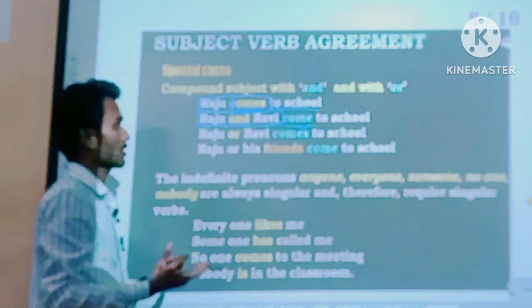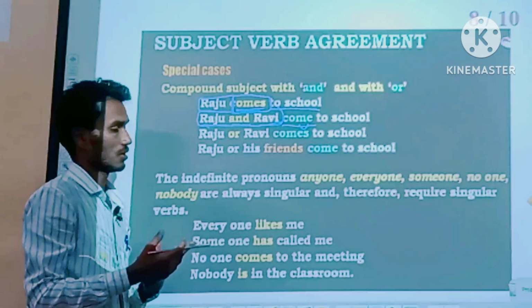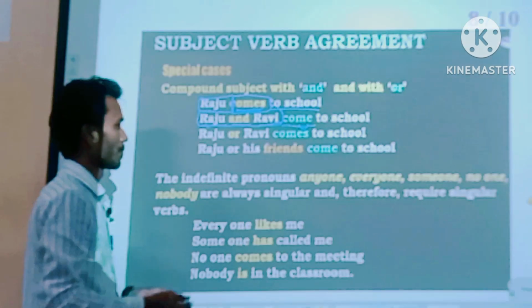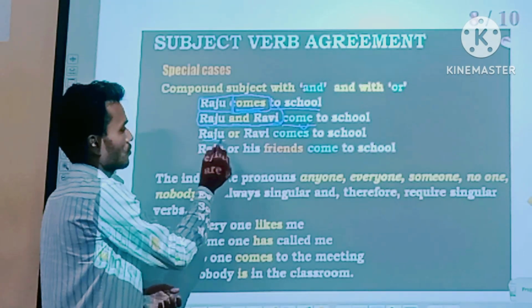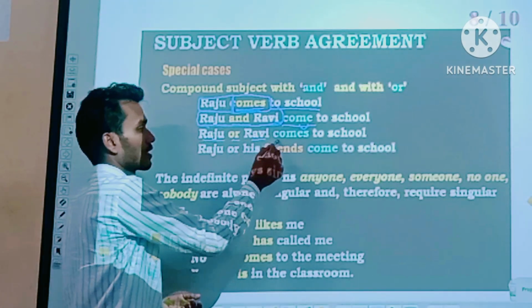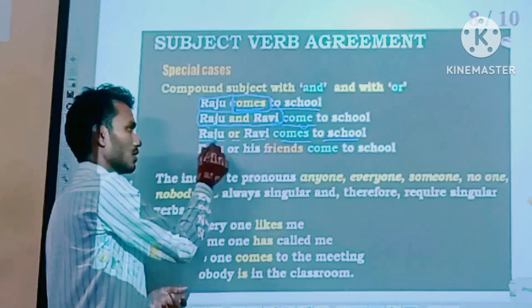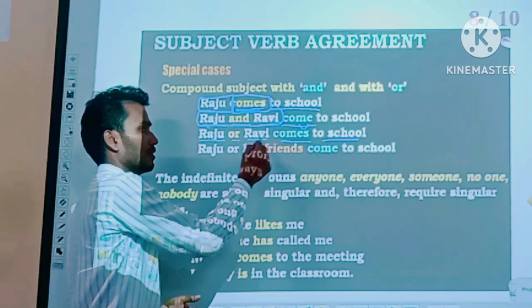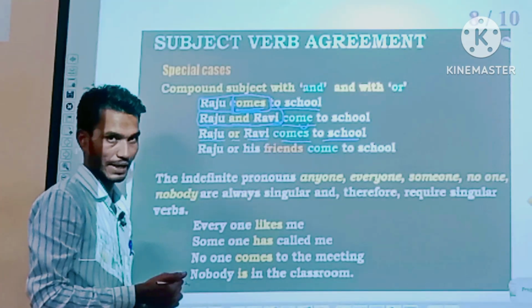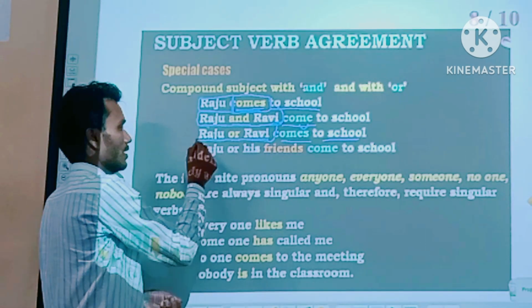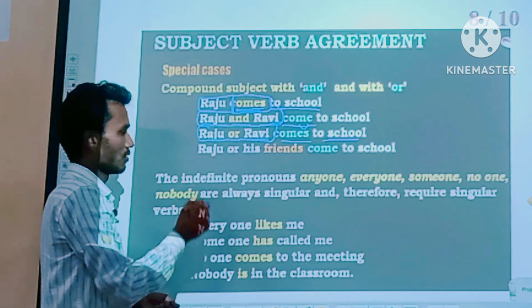If the subject is singular, then only we should use a singular verb, right? Here, Raju or Ravi comes to school. Here, either Raju or Ravi comes to school, right? That's why here the subject is singular where or is used, right?